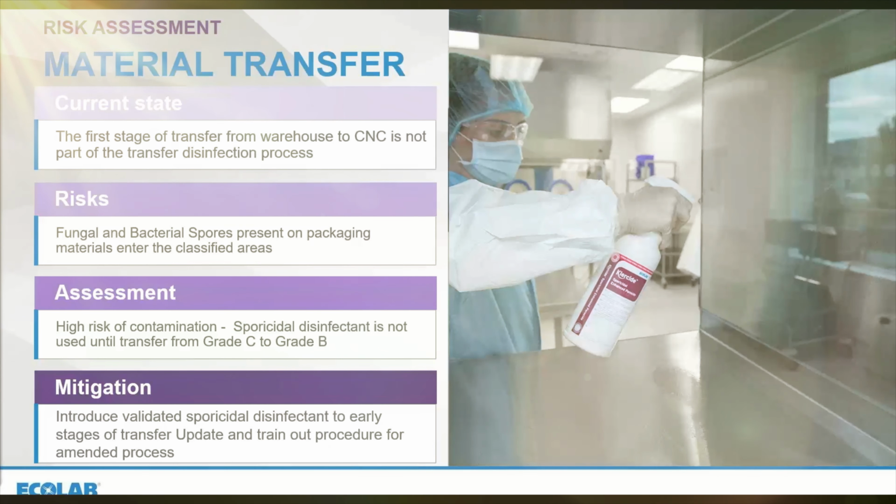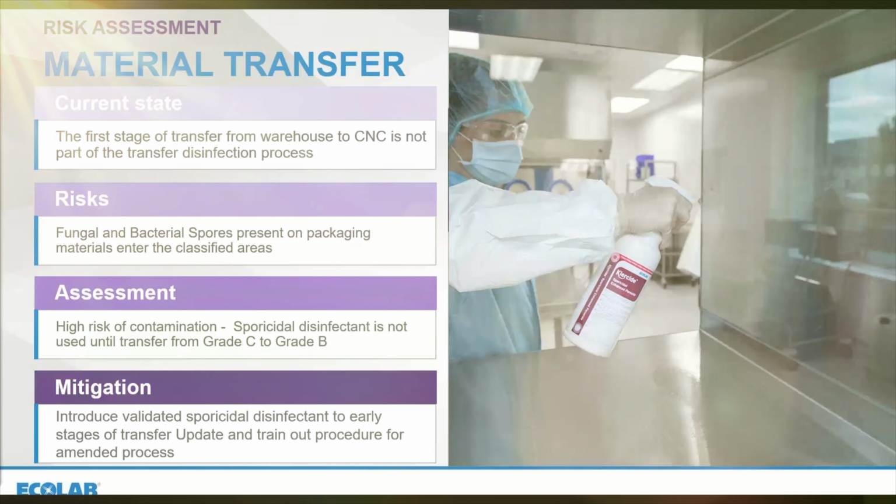But also sporicidal disinfectants were not used in the transfer disinfection process until the grade C to B transfer. So potentially those spores might stay present all the way through to them being dealt with at grade C. So you're just increasing that potential risk of them getting into the facility, being present.